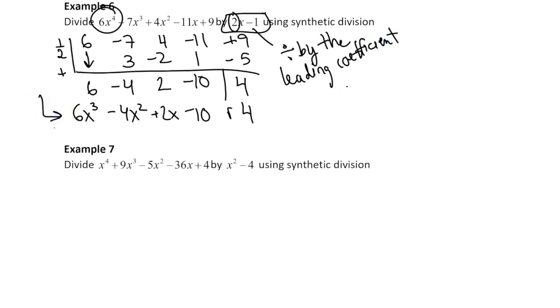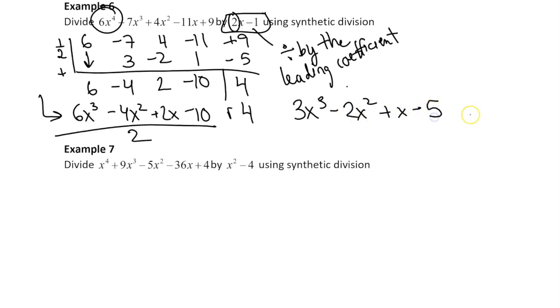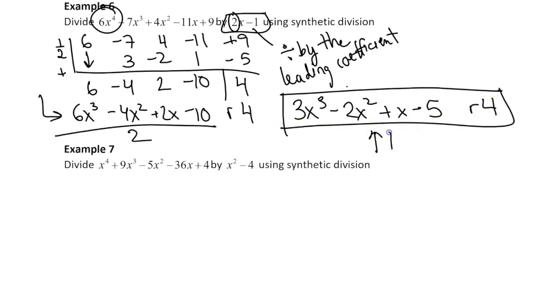This 6x cubed statement, we're going to divide all of it by 2 because of the leading coefficient, and we're actually going to now say our official quotient is going to be 3x cubed minus 2x squared plus x minus 5. The remainder remains unaffected, but that will be our final solution. And if you did a check of that, you would find that that does work.